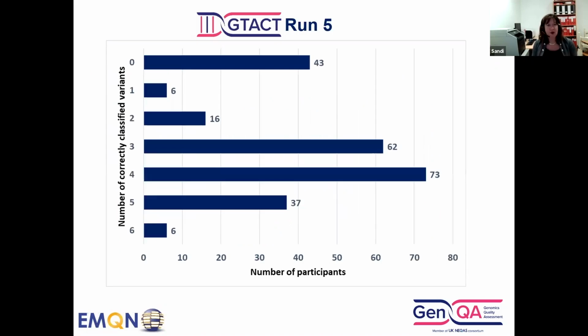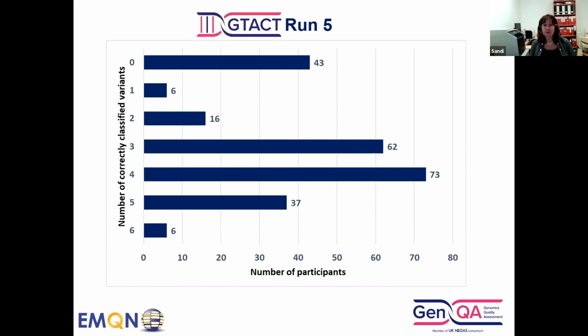This is a snapshot, and as we're discussing the variants, it may change as we may change some of the classifications going forward, but this gives you a summary of the number of participants who correctly classified the variants according to the expected classification. 6 participants classified all 6 variants correctly, and then you can see here we have a spread of different ranges of correctly classified variants, with only 6 individuals classifying 1 correctly, and here we have 43 individuals with no variants classified correctly.